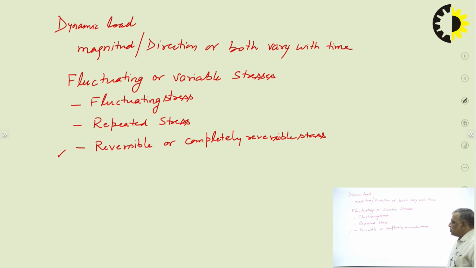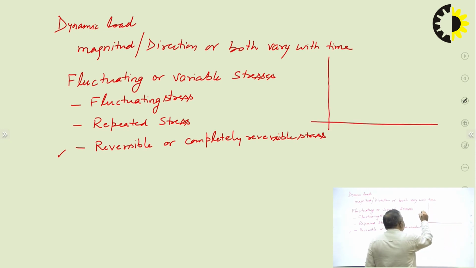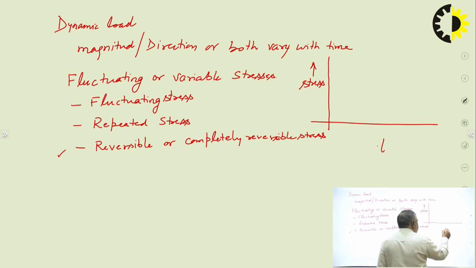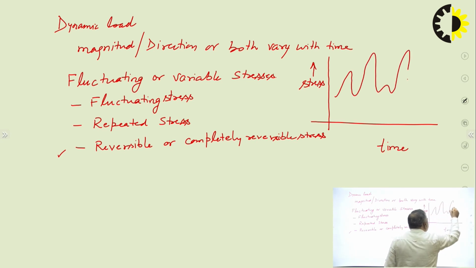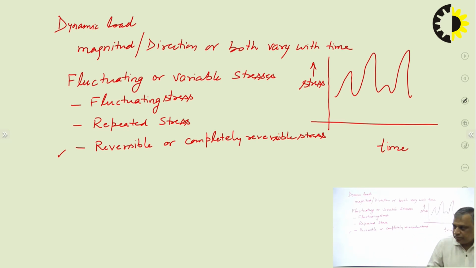If I want to display these types of stresses on the stress time diagram, I will draw the stress time diagram. On the ordinate axis, suppose this is stress and this is time, and the stress has this kind of nature, right? Magnitude is changing with respect to time, then this is called the fluctuating stress.